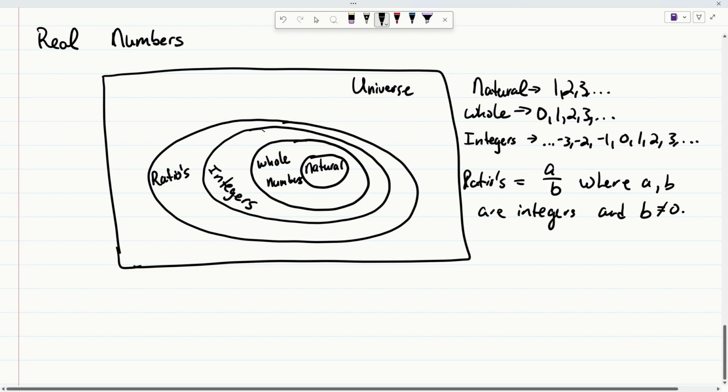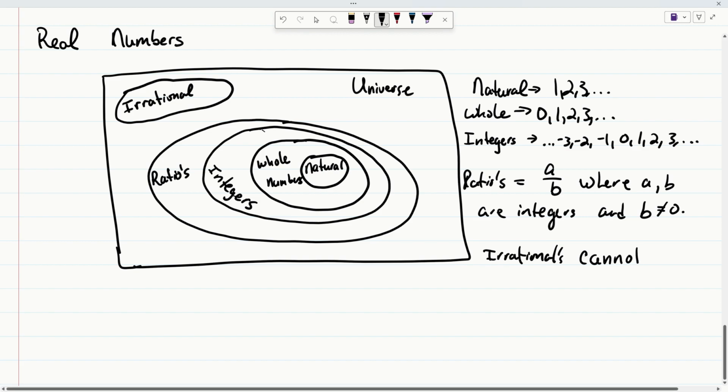But then we have this really weird one, and it's over here all by itself. These are called irrational numbers. Now, there's no really fancy definition for irrational. We'll call them irrationals.